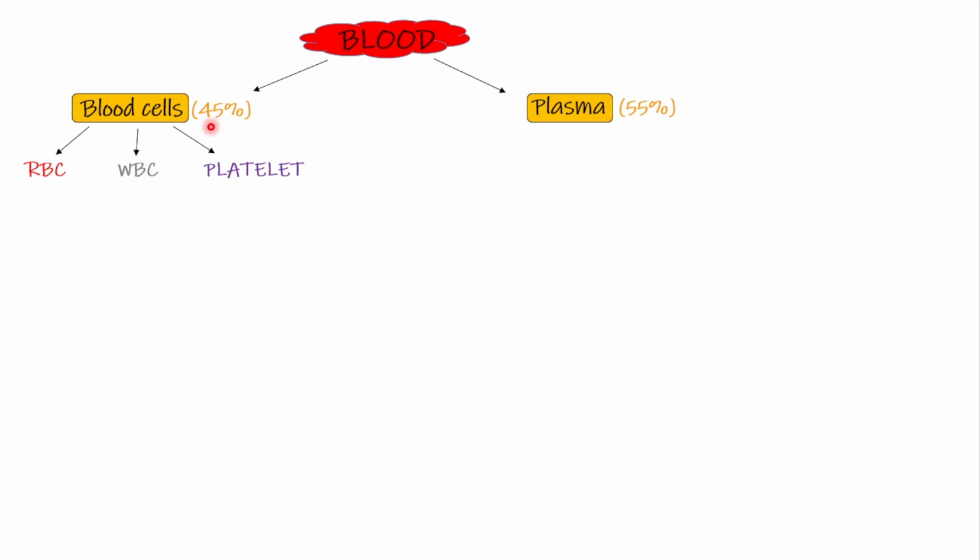So 45% of blood is blood cells, and there are three types: red blood cells, white blood cells, and platelets. Then we have plasma. 90% of plasma is liquid, which is basically water, and 10% is solids.